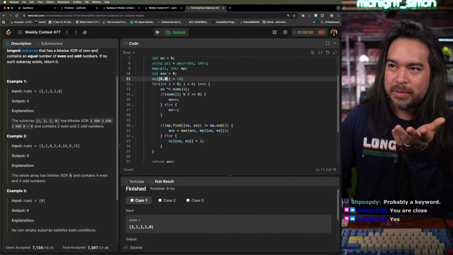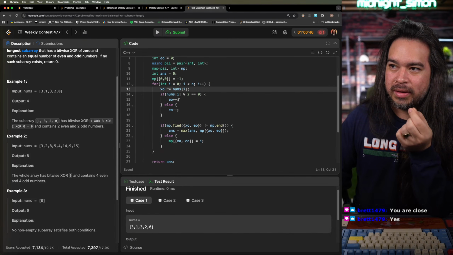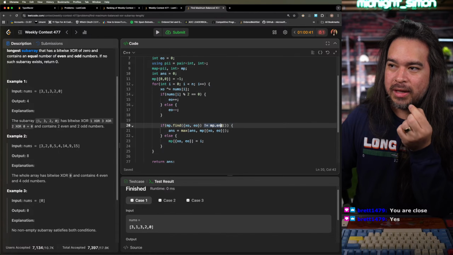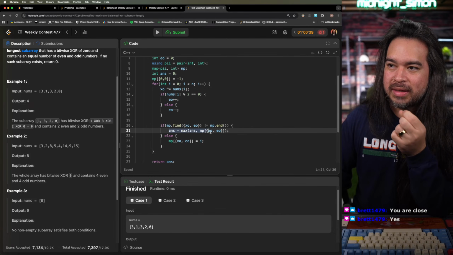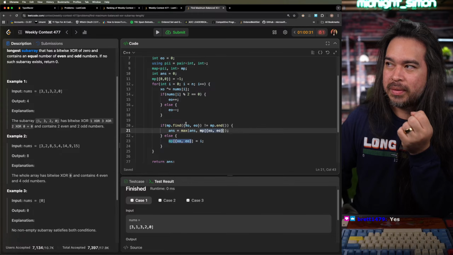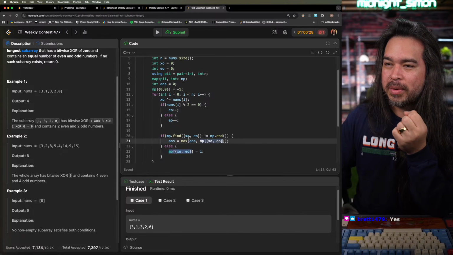So I put the 0, 0 in, yes. And then if this is not the end, that means we've seen this in the map. And then it's the maximum of those things. But where's my bug from?